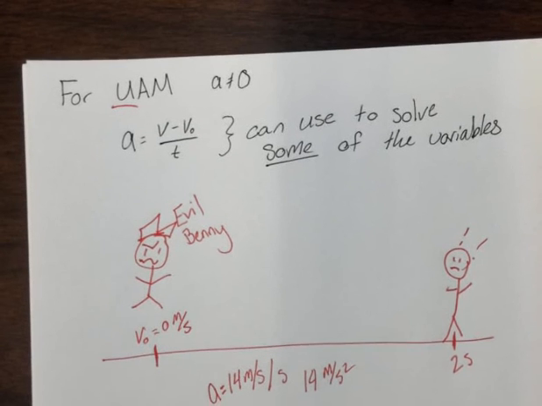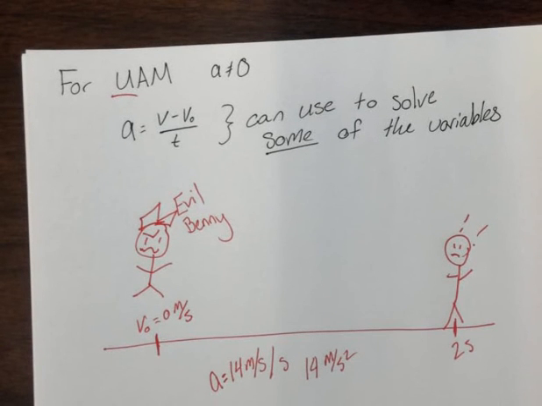That's almost as fast as a car that can accelerate from 0 to 60 miles per hour, which is 60 times 1609 divided by 3600, or 27 meters per second every second.